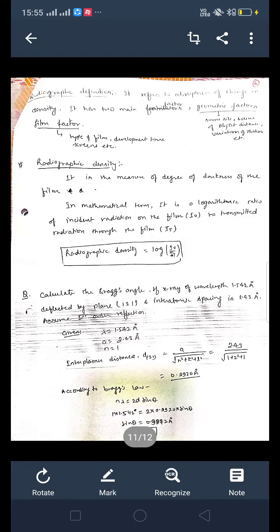My dear students, we had discussed in the previous lecture the principle of gamma radiography and radiation sources. This topic comes under radiography, and radiography comes under the subject of non-destructive testing.